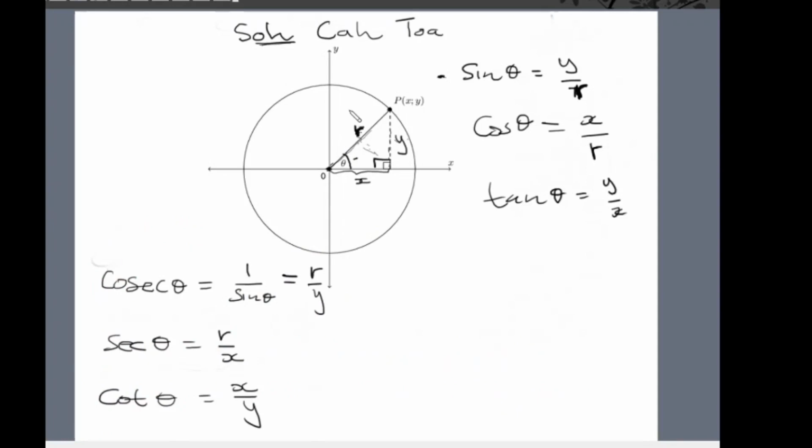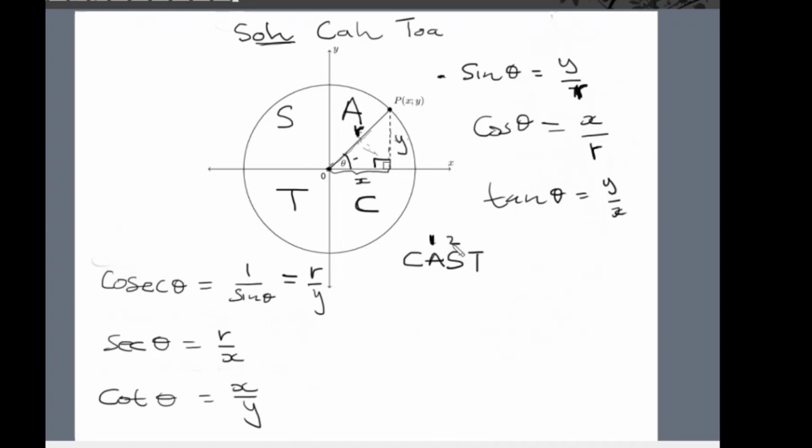So here you will have all ratios positive. Here we will only have sine positive. Here you will only have tan positive, and here you will have cos positive. So this is the CAST diagram. First quadrant, all the ratios are positive.